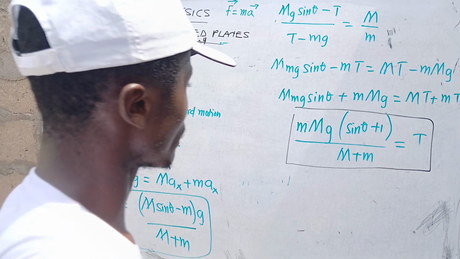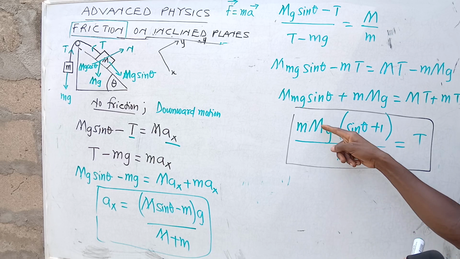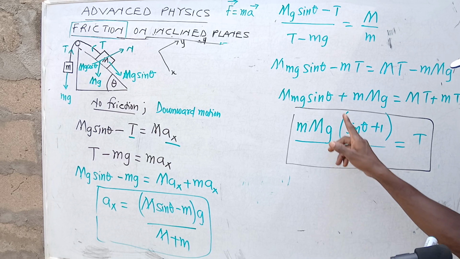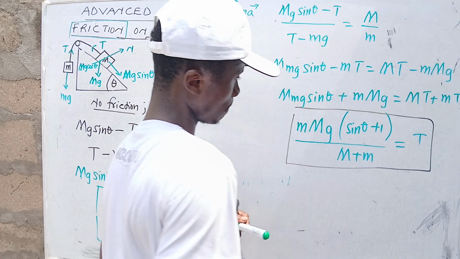If the two masses are equal, this will be m squared, but this will be 2m, and one m will cancel that, and you have mg, and that's what you have. Okay.